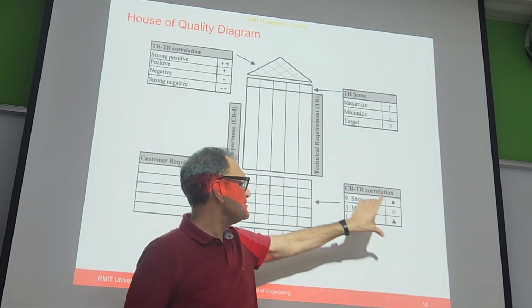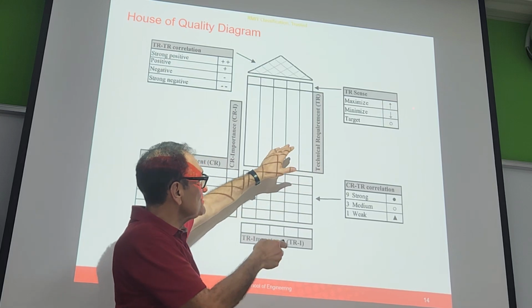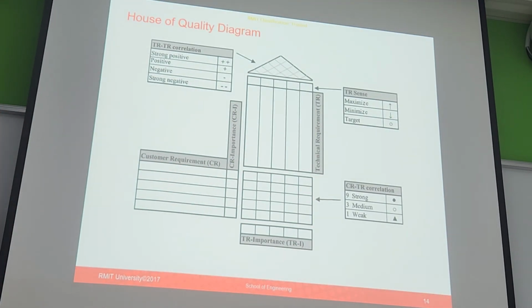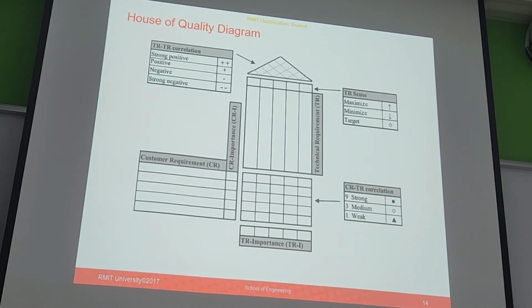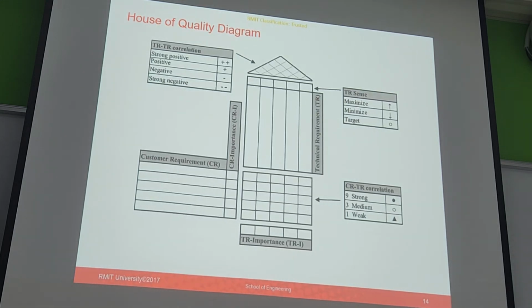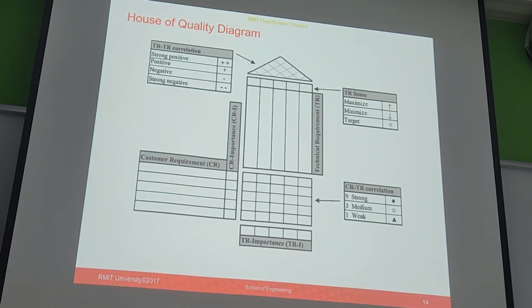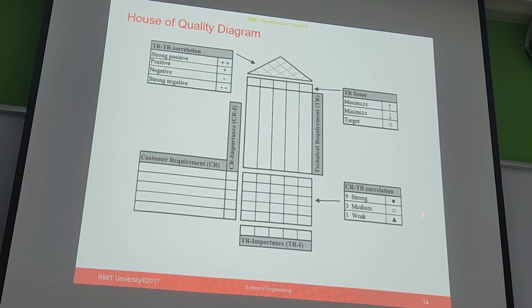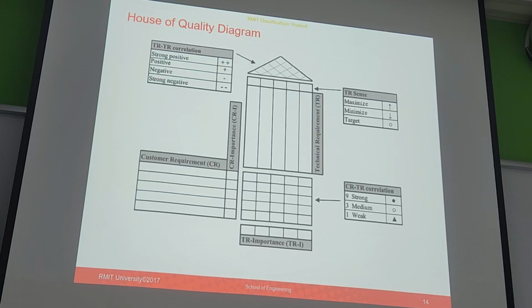Tell me why this shape I use, maybe this shape or this shape. Why? It's a different shape. What does it mean? Why I put plus plus, sometimes I put dot, sometimes I put this shape. Why?